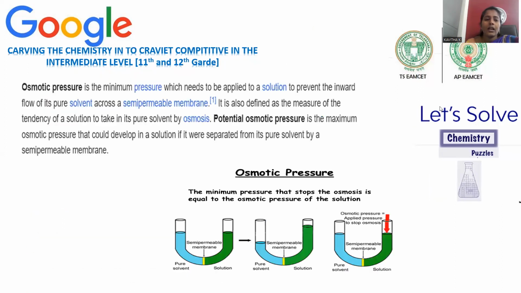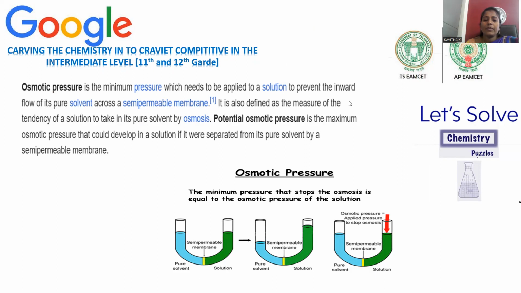Why? Osmotic pressure means the minimum pressure which needs to be applied to the solution to prevent the inward flow of its pure solvent across the semi-permeable membrane. Pure solvent is taken on one side and solution on the other side, partitioned by the semi-permeable membrane.